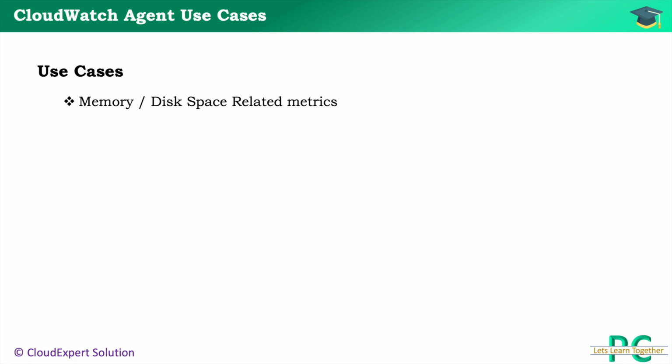This is a very important concept you should remember, especially if you are appearing for any AWS certifications. You will get at least 1 to 2 questions in Solutions Architect Associate or in Professional regarding this concept. By default, CloudWatch does not track memory and disk space related metrics.